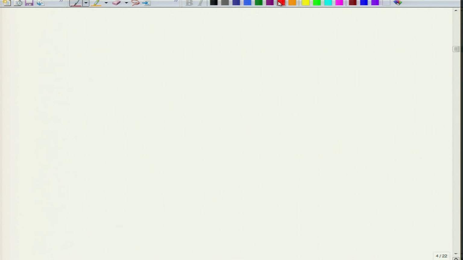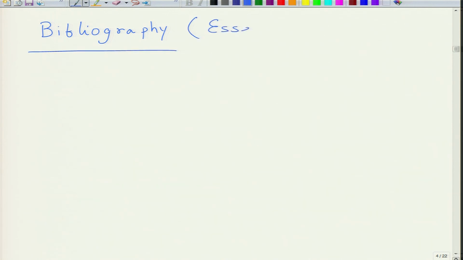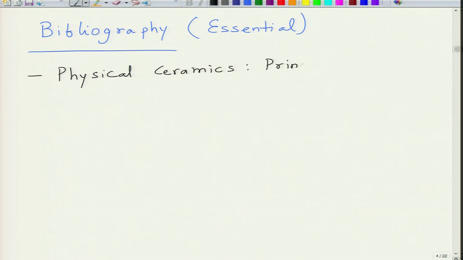Now, let me go to the bibliography. What are the books that you are going to follow? And here I would say the first thing is essential bibliography. So, these are the books that you require for yourself. So, first will be Physical Ceramics: Principles for Ceramic Science and Engineering.